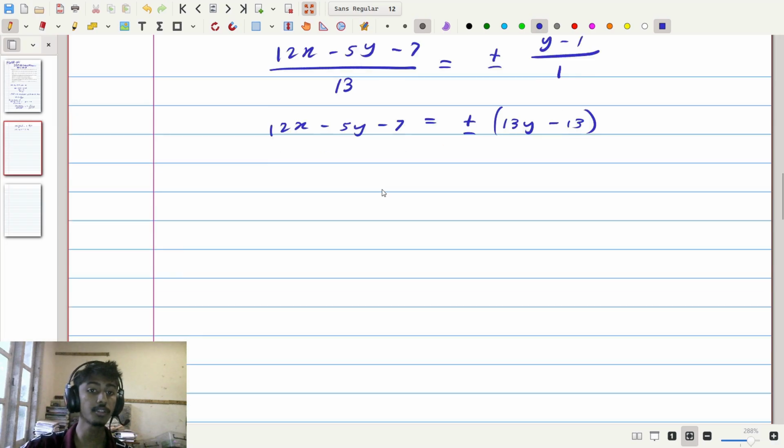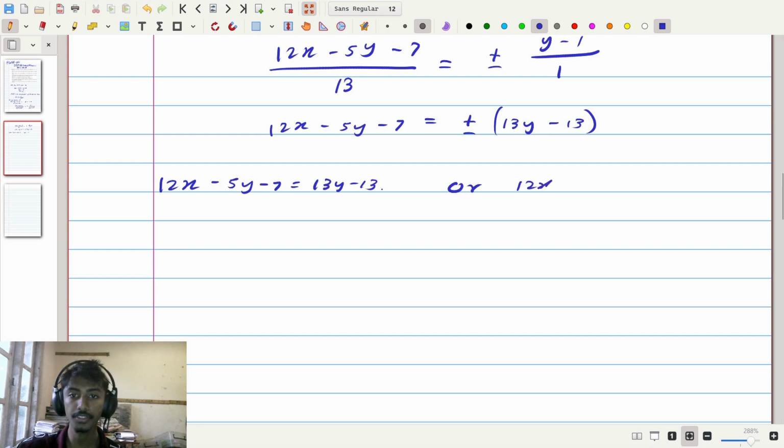So according to that, the two lines are 12x minus 5y minus 7 equals 13y minus 13, or 12x minus 5y minus 7 equals minus (13y minus 13), which is going to be minus 13y plus 13, because the minus minus cancels, leaving us with plus 13. So these are the two equations of the two angular bisectors of the above two lines.